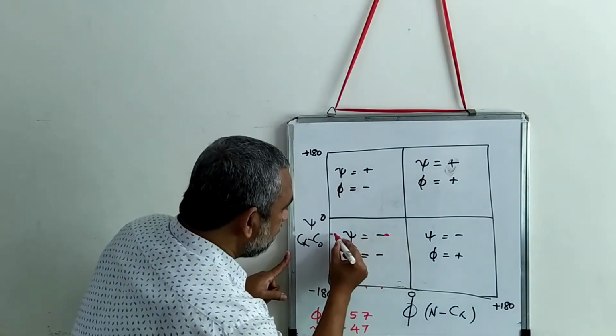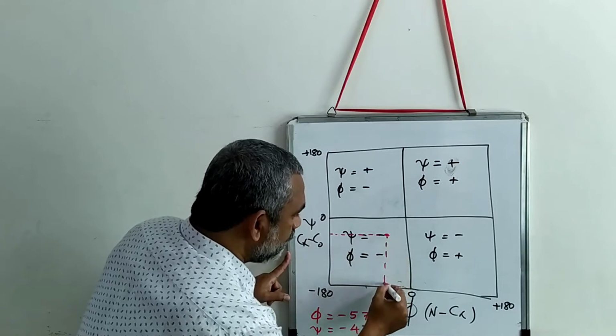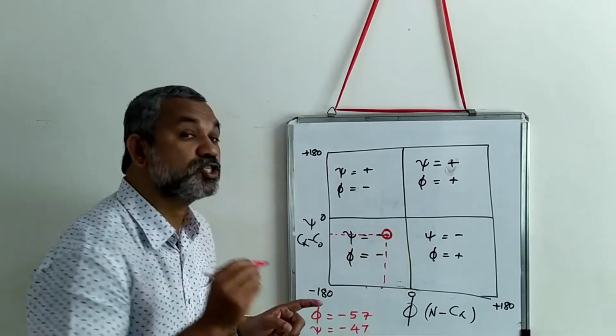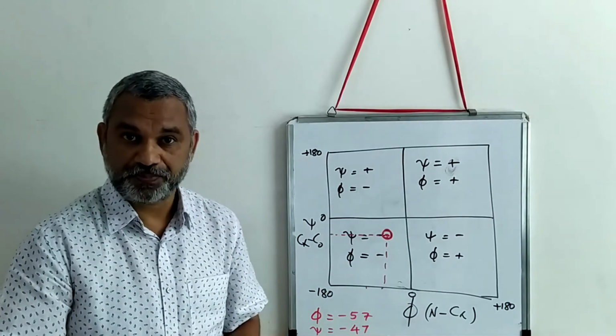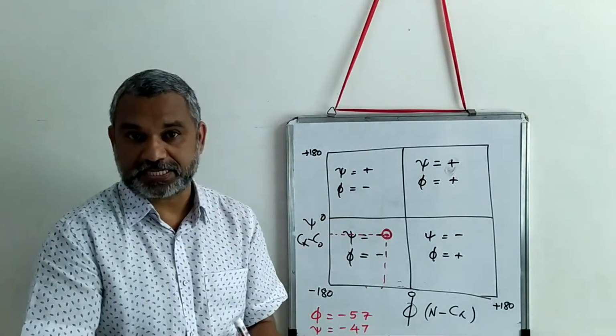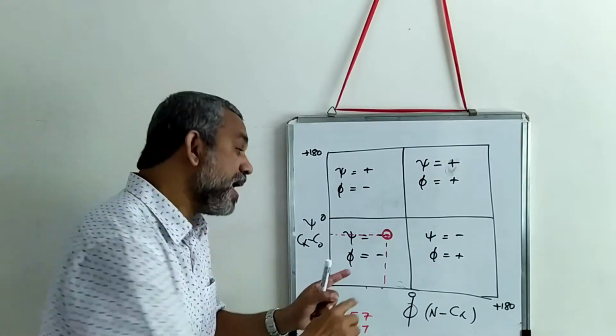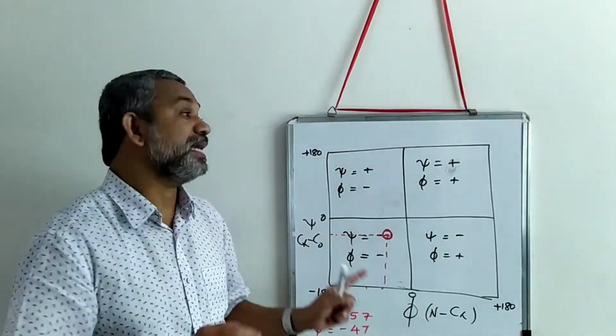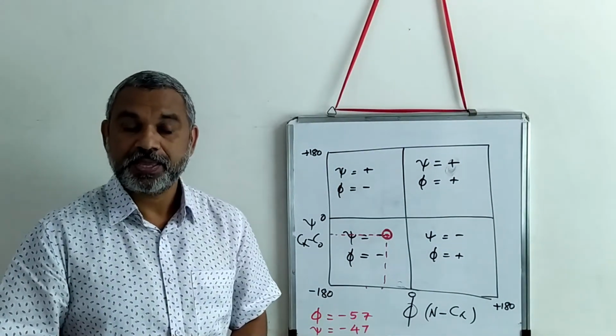So this is the spot we are referring to. When we get a value like this, a dot is placed. An amino acid will make one such mark in a Ramachandran plot.